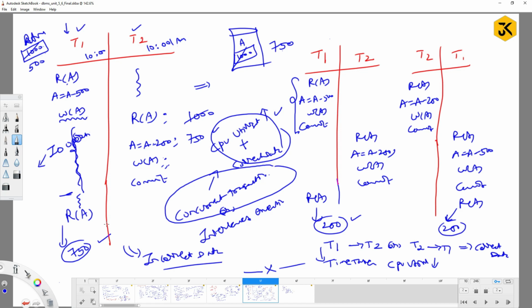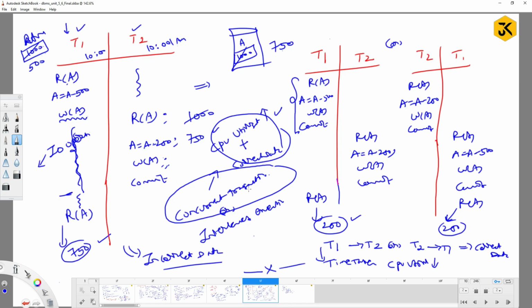So this is interleaved execution, and there are certain situations where it might yield wrong results, which we can simply call inconsistency. If you take T1 followed by T2 or T2 followed by T1, you definitely get the correct result, 250.